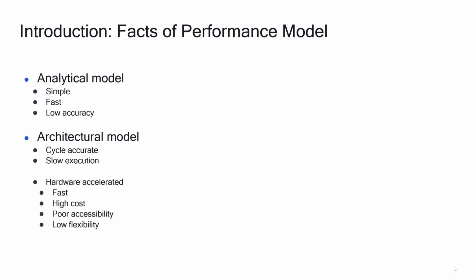In some cases, it can take days or even weeks to finish a simulation that only takes a few seconds on real hardware. Architectural models can get faster with implementations on hardware such as FPGAs, but these solutions are usually costly, not friendly to users, and often hard to make even simple changes.